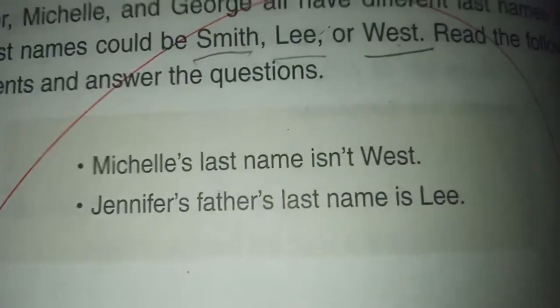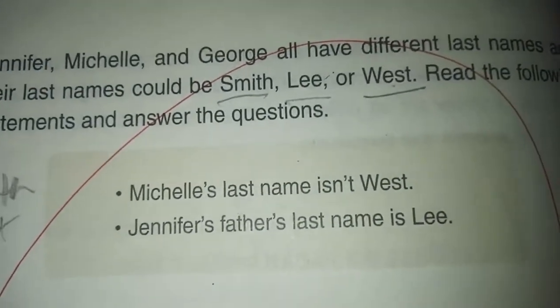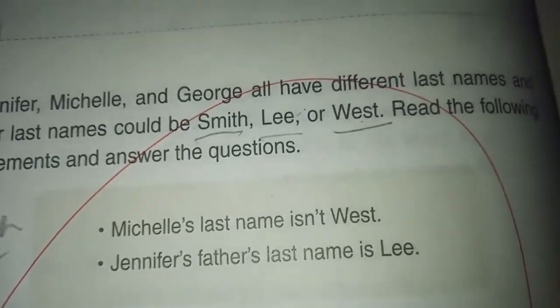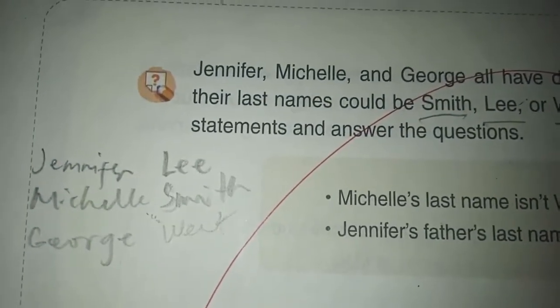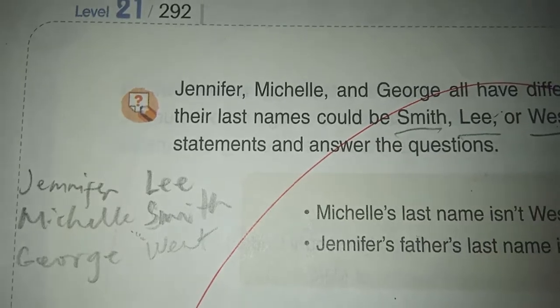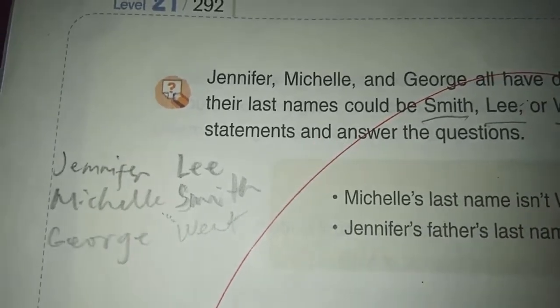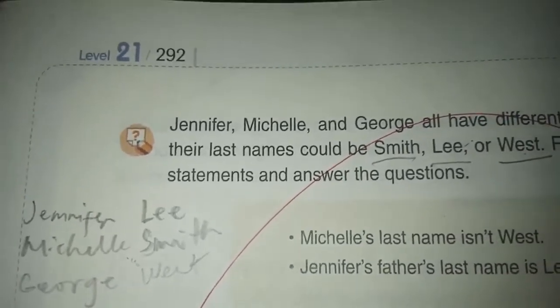If you look through here, if Michelle's last name isn't West, then Michelle's last name is Smith. Jennifer's last name is Lee, and George's last name is West.